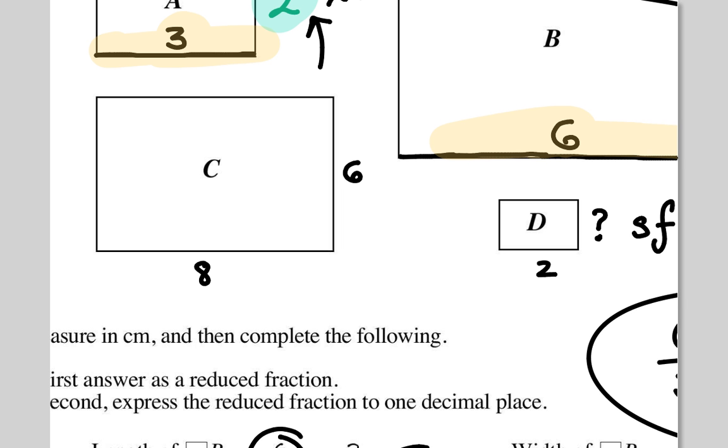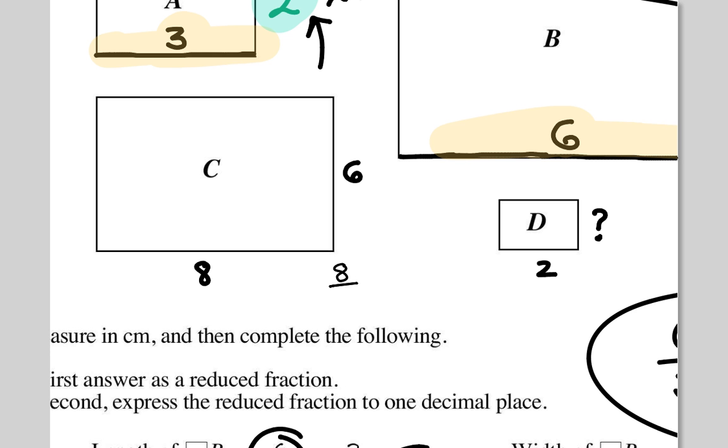Not so obvious this time, right? Anybody got it? Yell it out. Beautiful, 1.5. Okay, how did I do that?